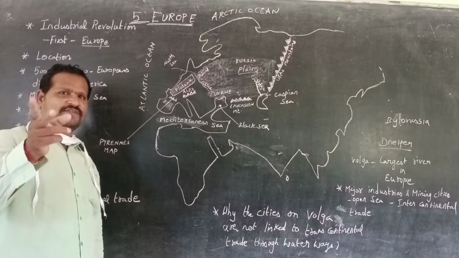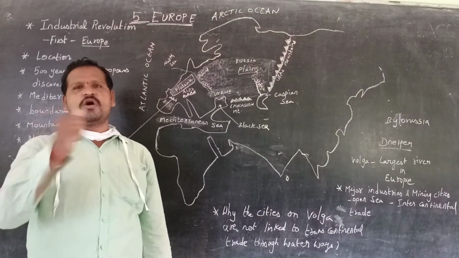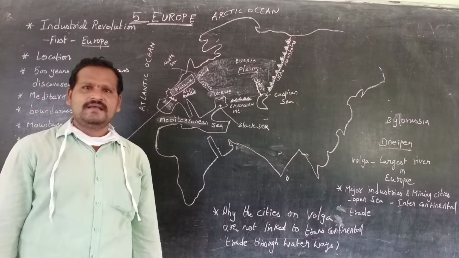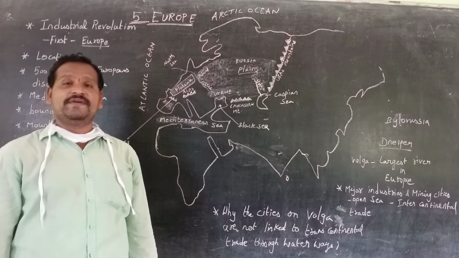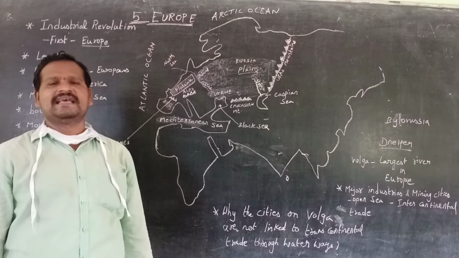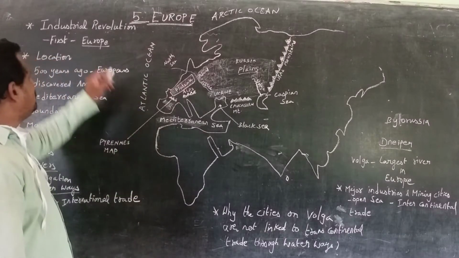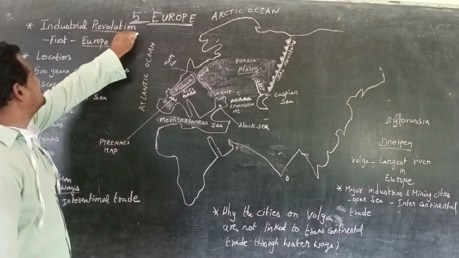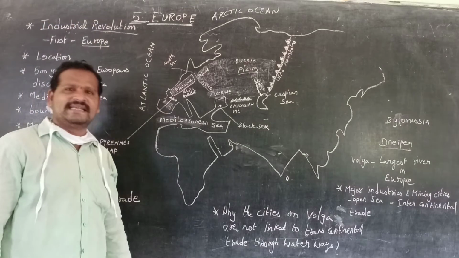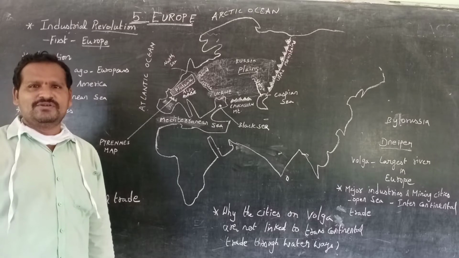Children, I said two different bits. Listen, once again I am repeating. In which continent did the industrial revolution start first? The Europe continent. In which country? England. Revolution means changes. Changes took place in industries in Europe in the 19th century, and that change is called the industrial revolution.